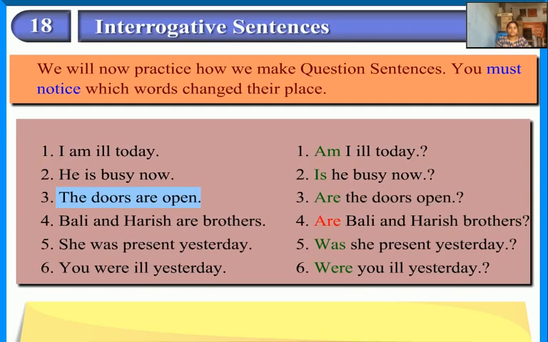The doors are open. Are the doors open? Bali and Harish are brothers. Are Bali and Harish brothers? She was present yesterday. Was she present yesterday? You were ill yesterday. Were you ill yesterday?